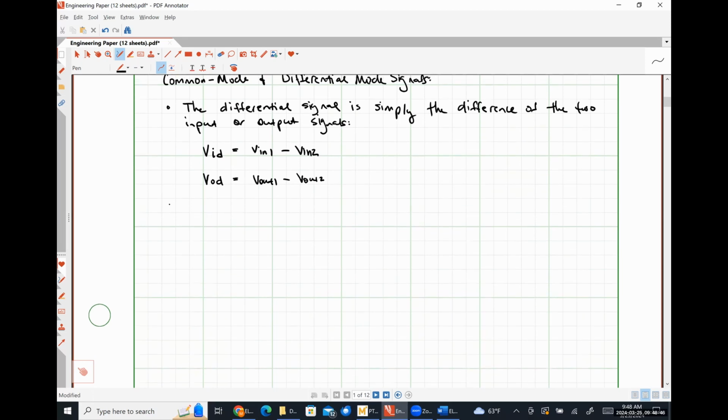Our common mode signal is the average of the input or output signals.